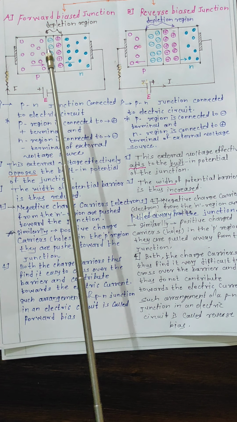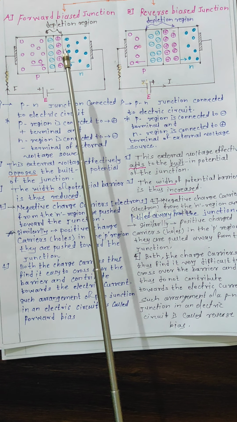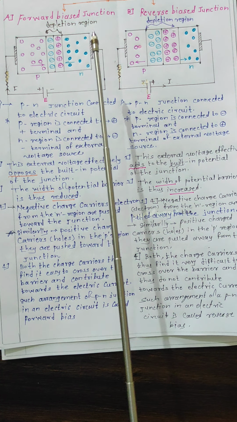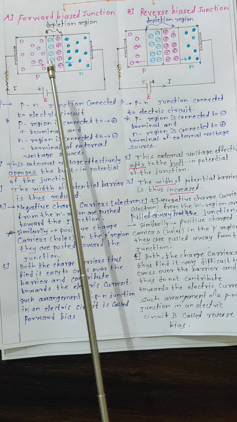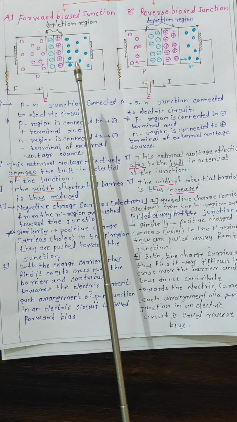So due to the external voltage applied to this junction, it opposes the built-in potential of the junction.